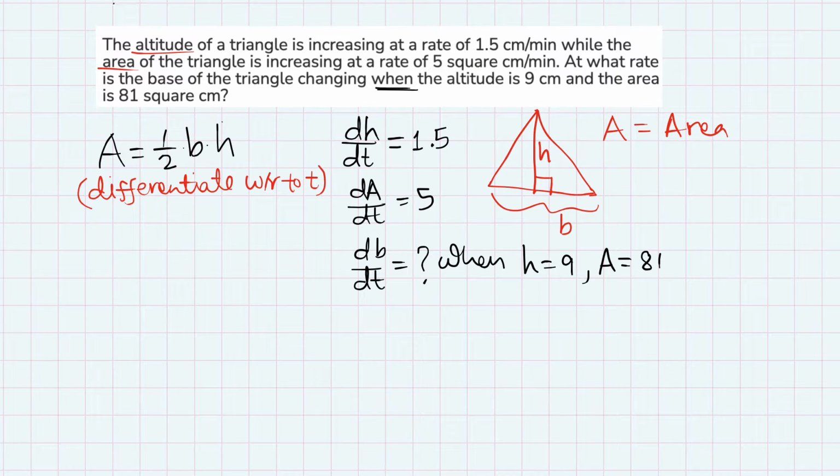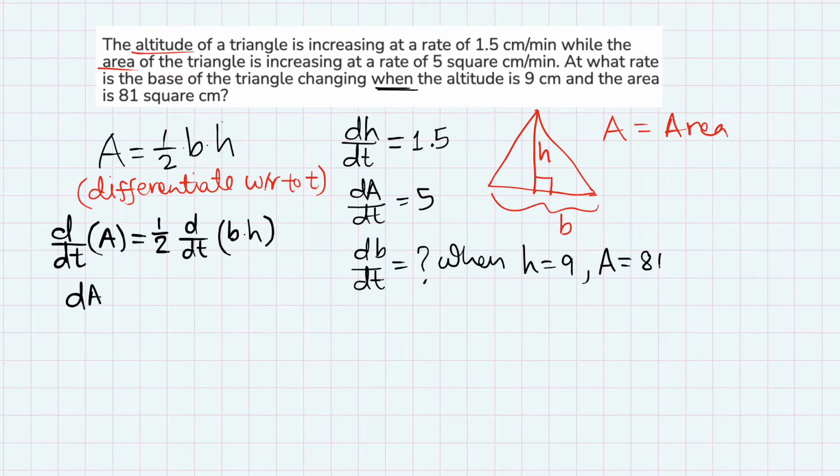So I'm going to write d over dt of A, which is the same as dA over dt, equals derivative of right hand side, which is a product, but 1/2 is constant, so we can just go past this one, and take the derivative of this product. Now in this case b is changing, h is changing, both are variables and they are in product, so we must use the product rule.